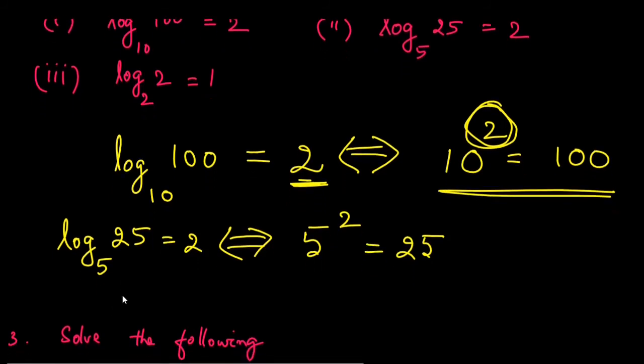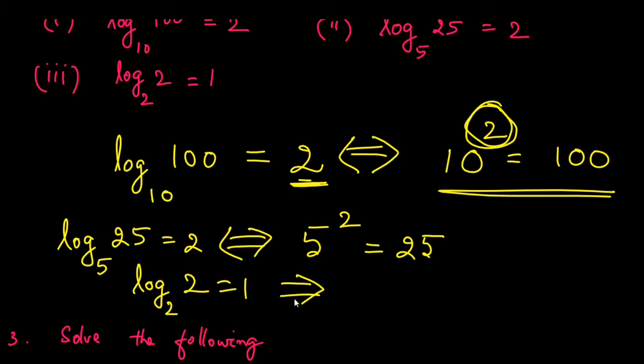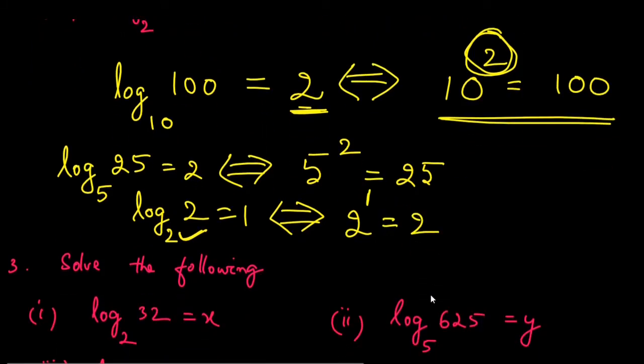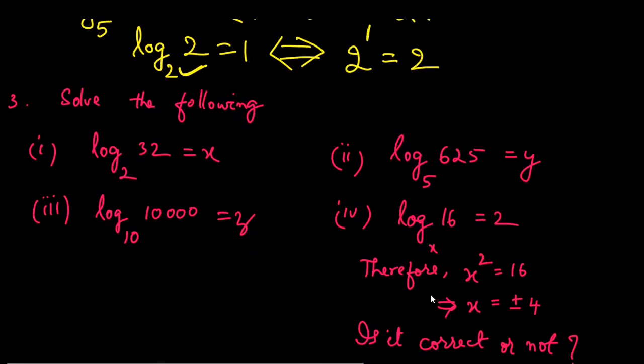Then log of 2 to the base 2 is equal to 1. In exponential form, the base here is 2. 2 power, the value of logarithm should be exponent. 2 power 1 is equal to 2. Now solve the following.